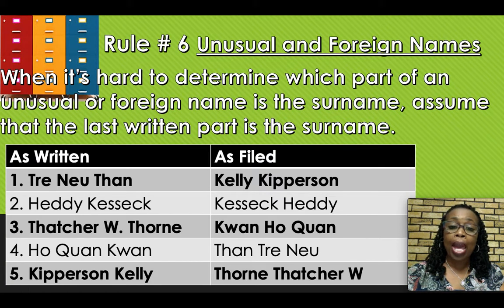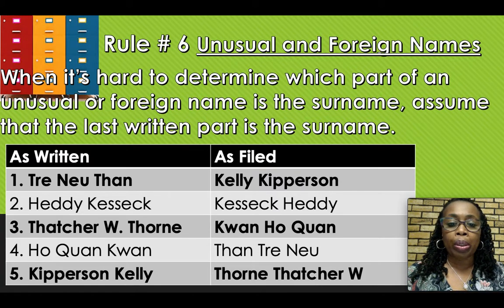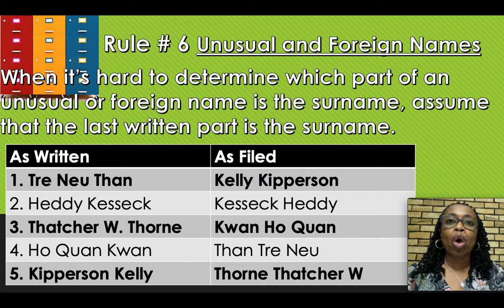Then we compare Than to Thorne, T to T, H to H, and A to O. And because A comes before O, Than will be filed first. So this is filing rule number 6, unusual and foreign names.